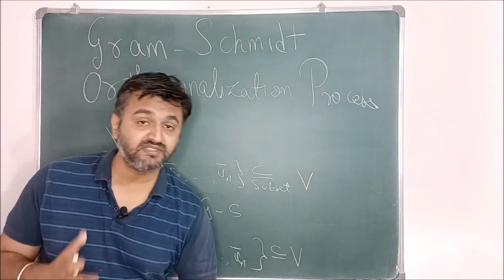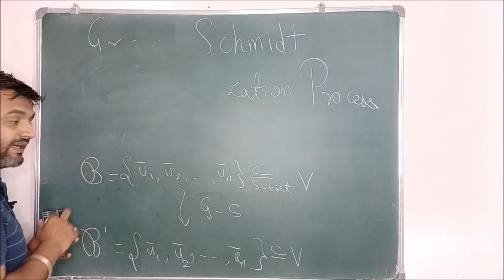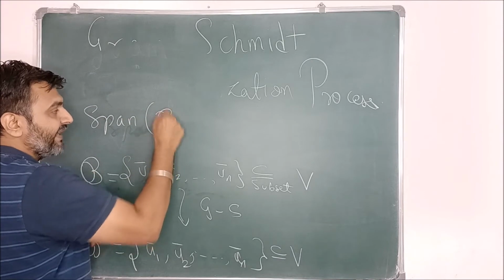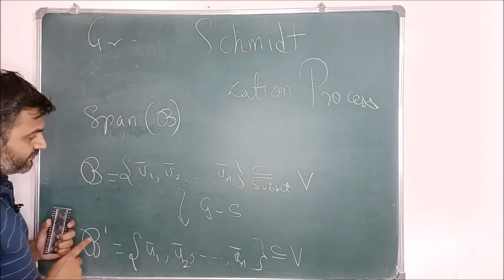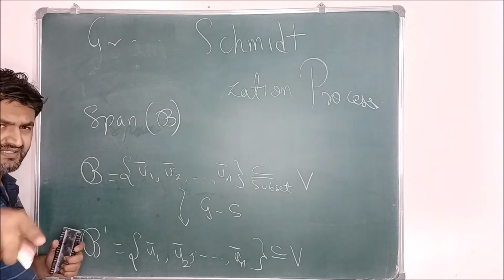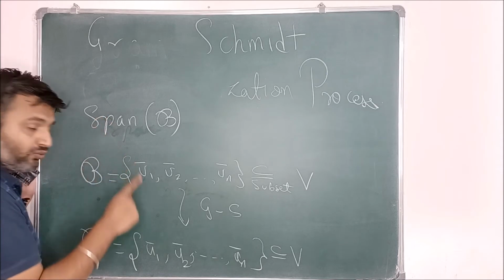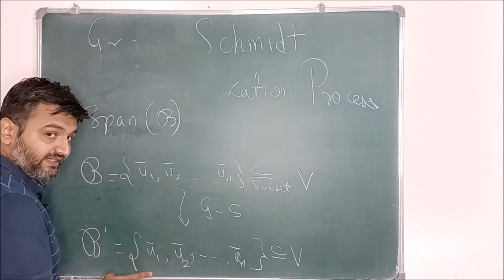They are not that much different, as in what? When you take the subspace spanned by this set, the span of B, we know that the span of a subset is always a vector space, or a subspace. I have proved this earlier as well; you can see the link of the playlist. So what they proved is that one can convert a non-orthogonal set into an orthogonal set.